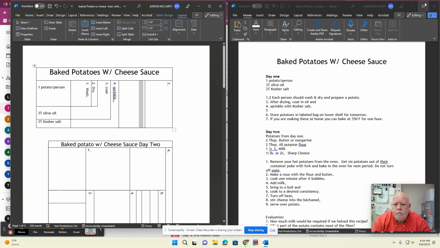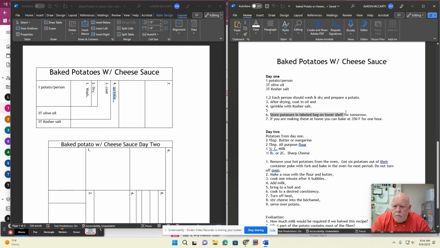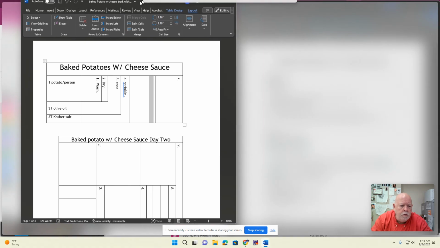So step 6 says store potatoes. Okay, let me pause here because I've got the wrong recipe.